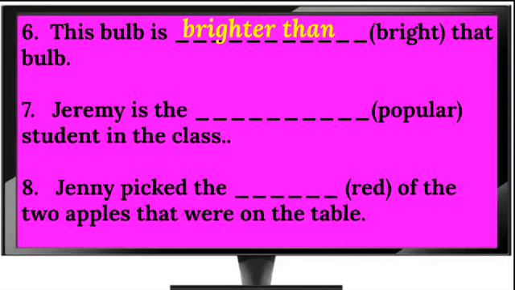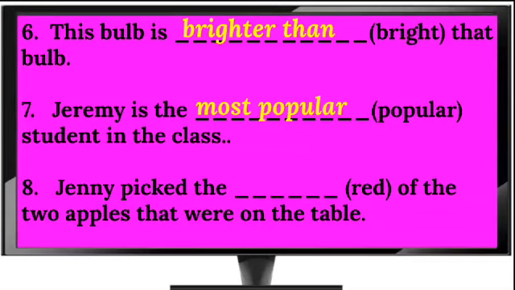Jeremy is, and we have popular student in the class. Because he's been compared with everyone else, Jeremy is the most popular. So here we have our most with our multi-syllable word popular. And 8, Jenny picked, and we have the word red, of the two apples that were on the table.